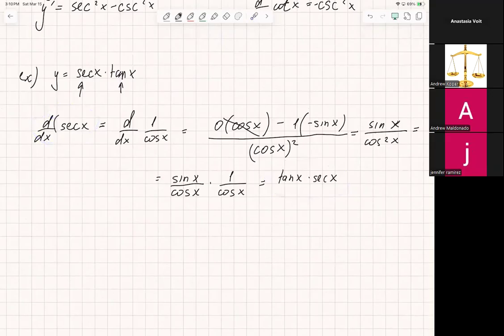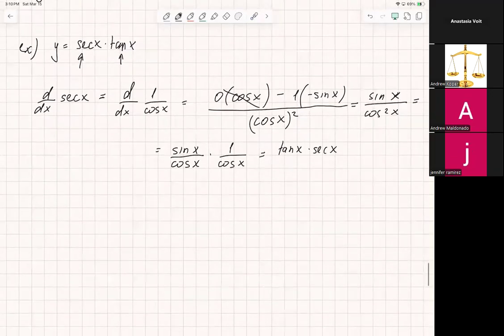The same goes for the cosecant, right? It's going to be, I believe, negative cotangent times cosecant. But you can derive it yourself exactly the same way.